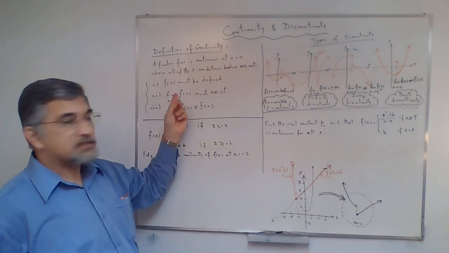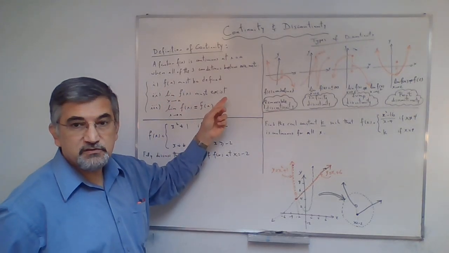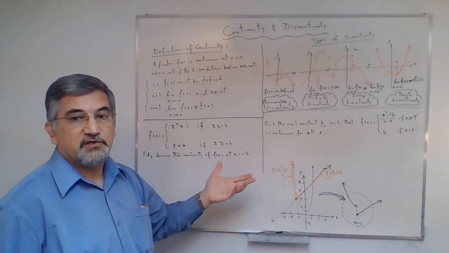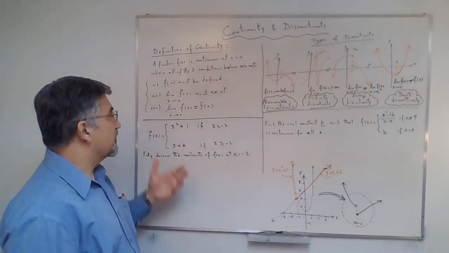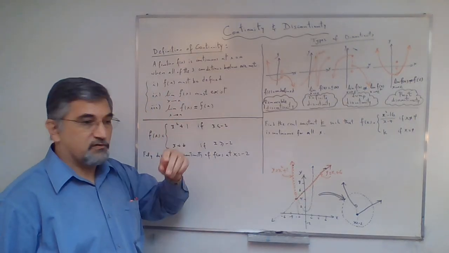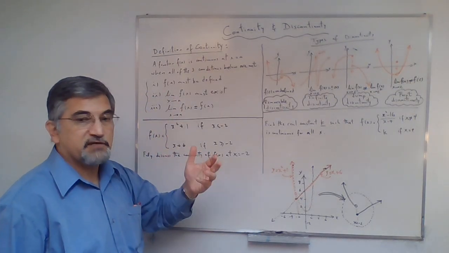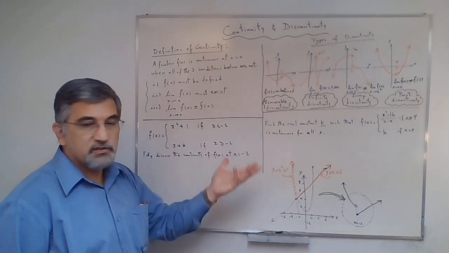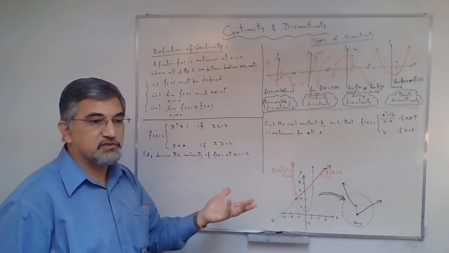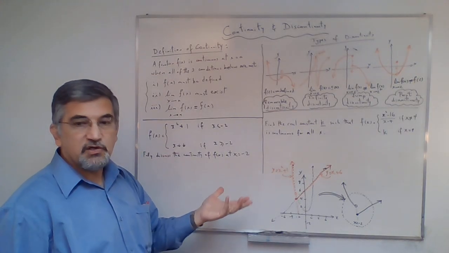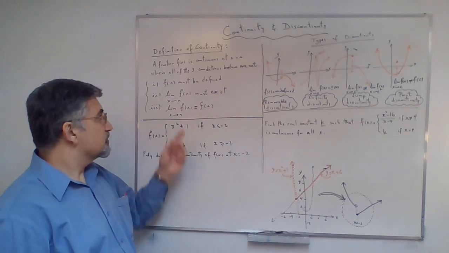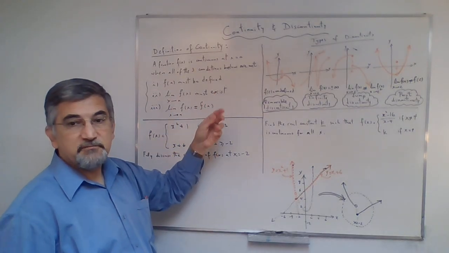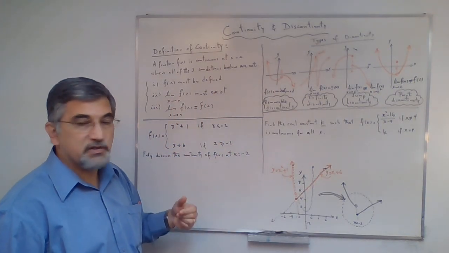So the first condition is that f at a must be defined. It's very logical that if x equals a does not even belong to the domain of the function, then if the function is undefined at x equals a, then obviously it's discontinuous. So f at a must be defined to begin with.